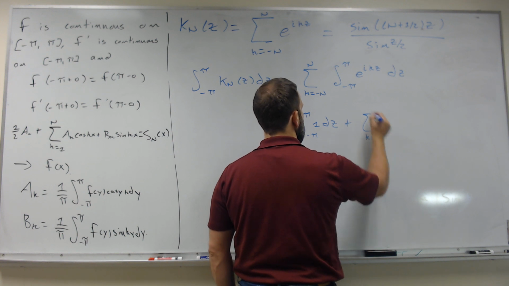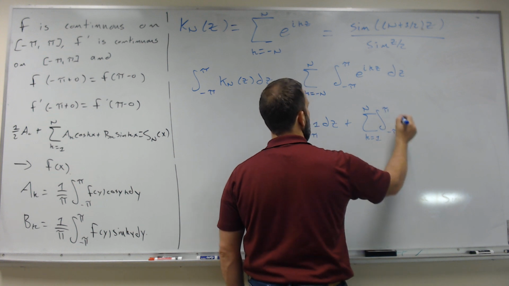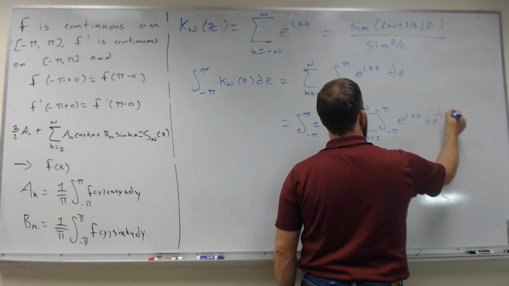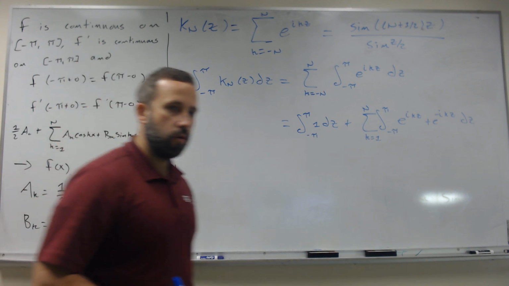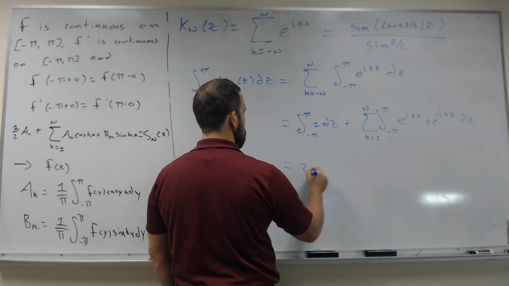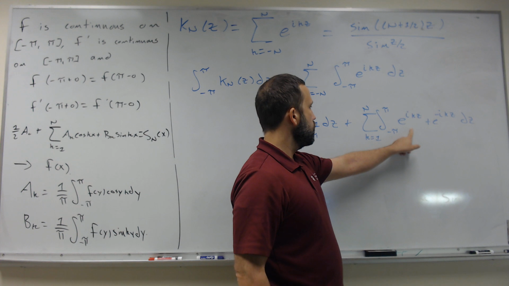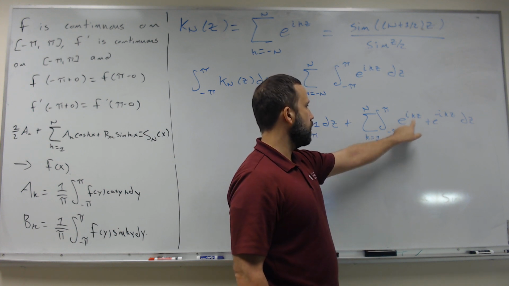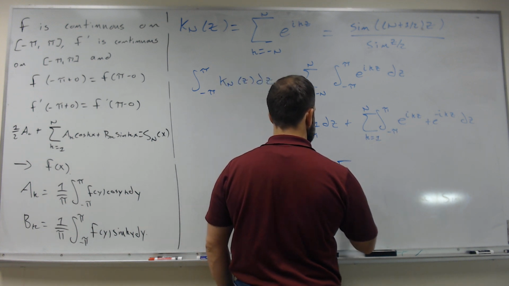The sum k equals 1 to n of the integral from minus pi to pi of e to the ikz plus e to the minus ikz dz, just going back to how we had it before. This first integral is equal to 2 pi, but notice what's going to go on over here. When I take an antiderivative, I'll divide by ik. Let me write it out explicitly.